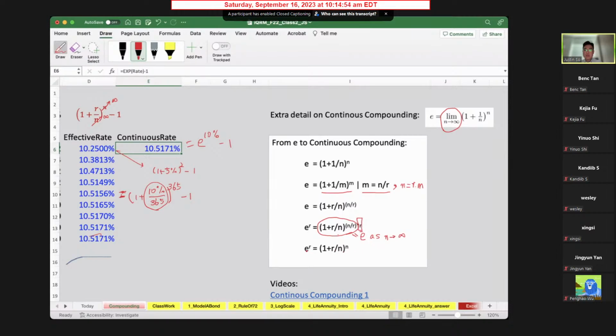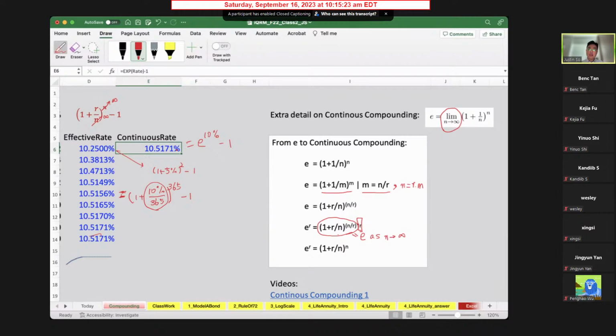That's why it becomes E to the R. There's a mathematical proof for this, but many people will just memorize the continuous rate, E to the R minus 1. R in this case is a nominal rate, but the continuous rate is the highest rate you can get as an effective rate. And it's also used widely in pricing certain financial instruments.